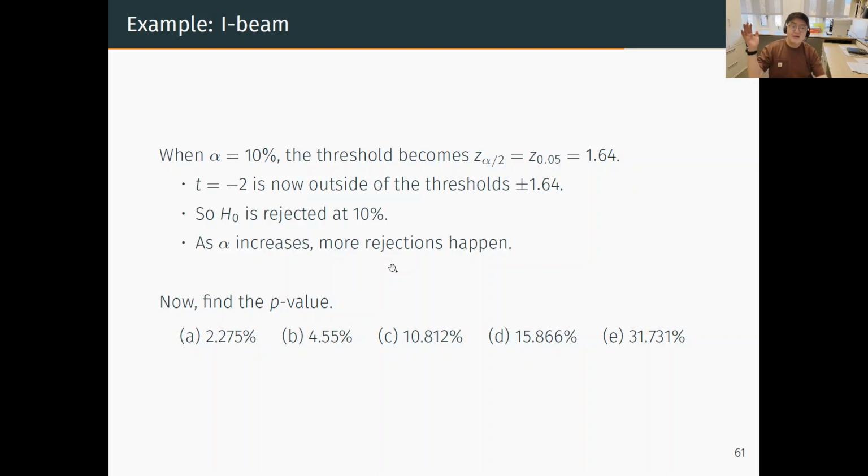Okay, so far it was a simple numerical example based on the t statistic, right? If you make the decision based on the t statistic, you had to follow these steps and you could try different alpha as I just showed you. Now, next, we are going to apply the p-value approach.